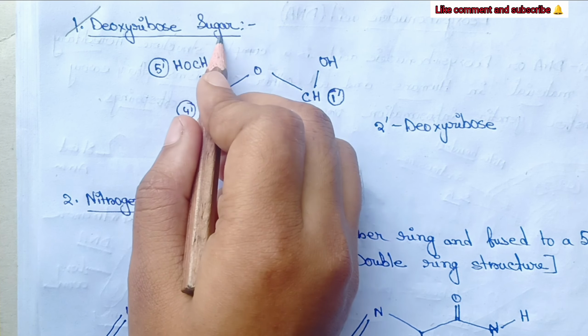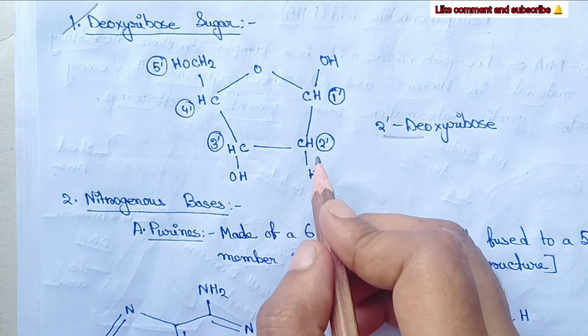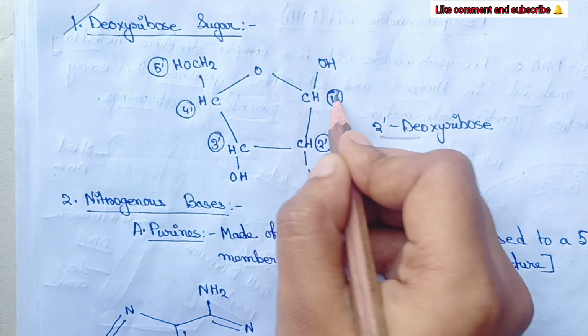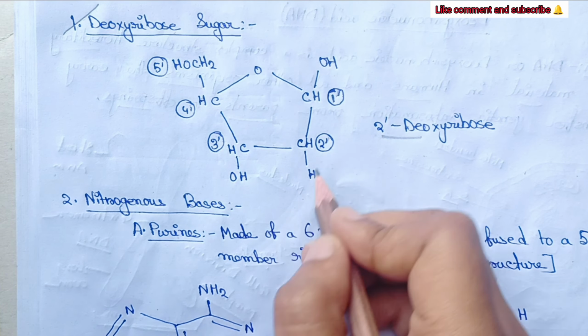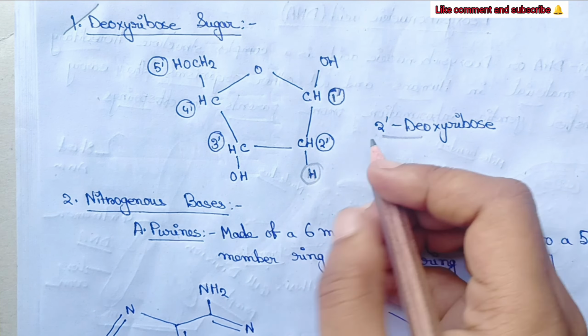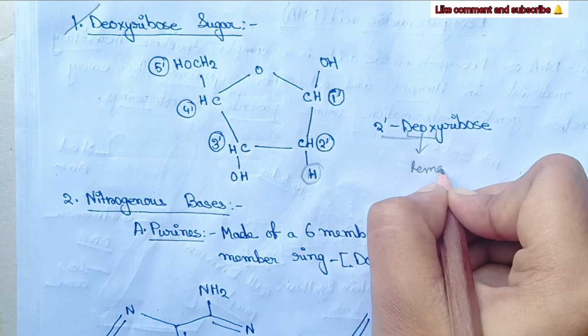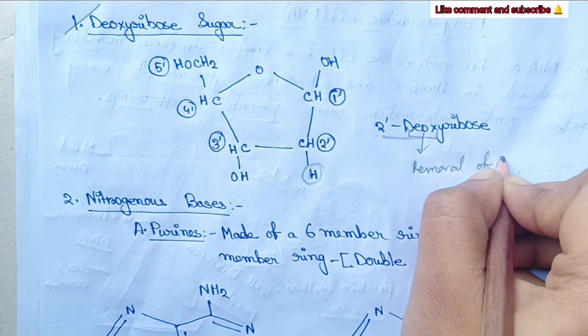This is the structure of deoxyribose sugar, and it is a 2-deoxyribose sugar because at the number 2 carbon there is only an H group. Deoxy means removal of the O group.